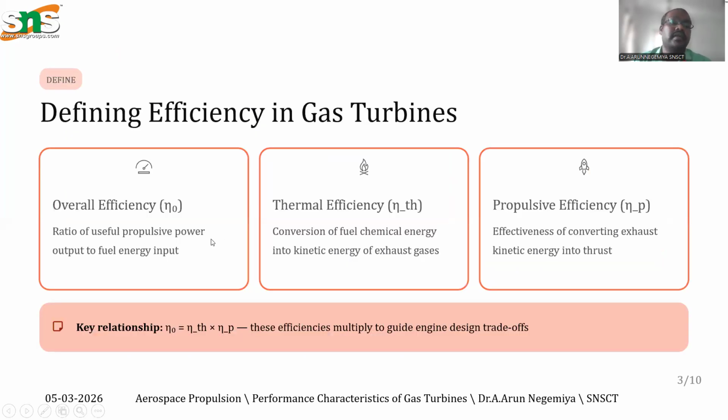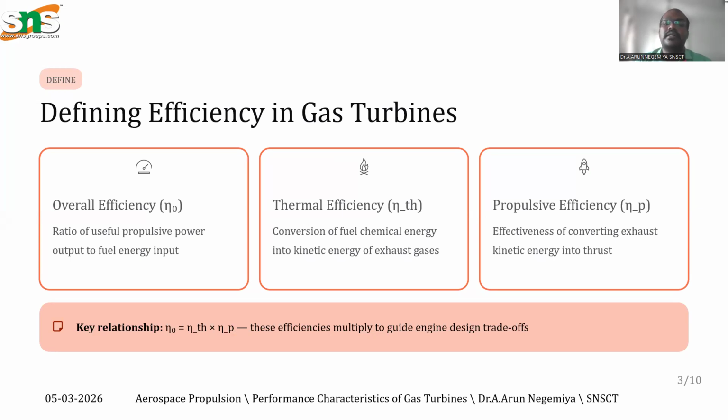Next, defining the efficiency in gas turbines. Efficiency can be classified into three types. First one is overall efficiency, the second one is thermal efficiency, and the third one is propulsive efficiency. Overall efficiency is denoted as eta suffix o. It is defined as the ratio of propulsive power to fuel energy input.